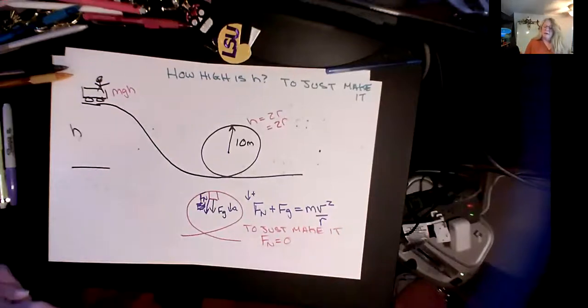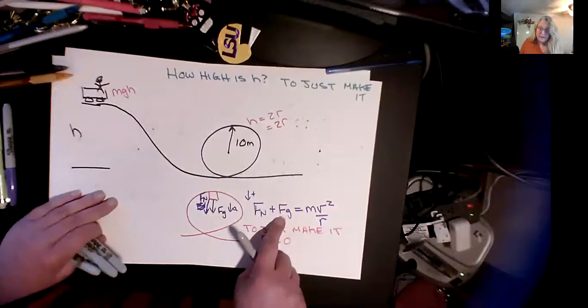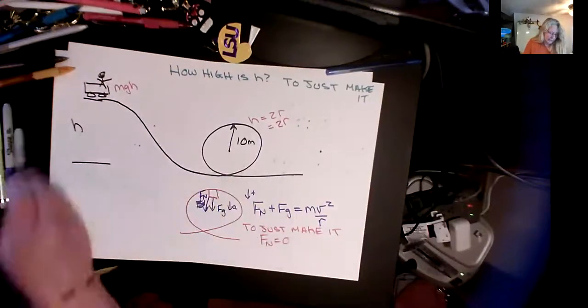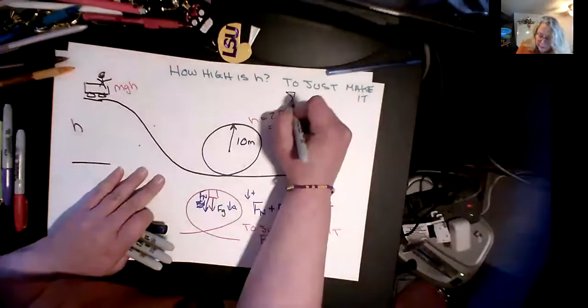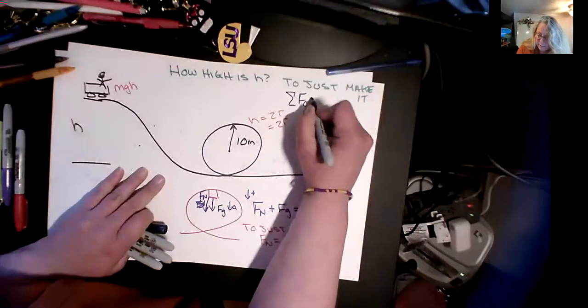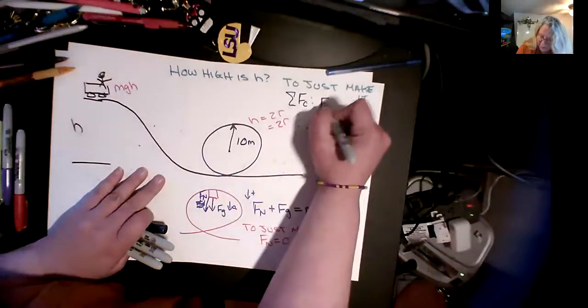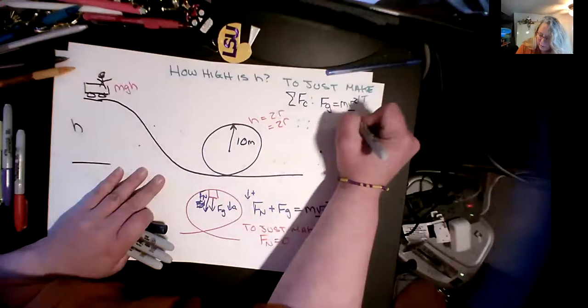Split second, very fast, still 0. So that my only center seeking force is this force of gravity. So for this picture here, to just make it around, my sum for my center seeking forces, well, that is force gravity equals mv squared over r.